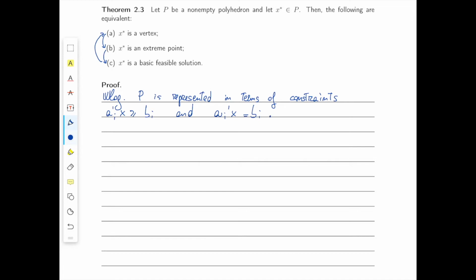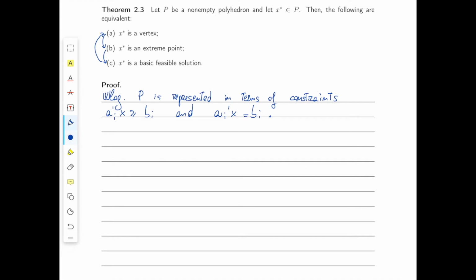This is because if we have any constraint that is a linear inequality in the other direction, so a_i transpose x less than or equal to b_i, we can always multiply it by -1 and obtain an inequality constraint of the form greater than or equal to.